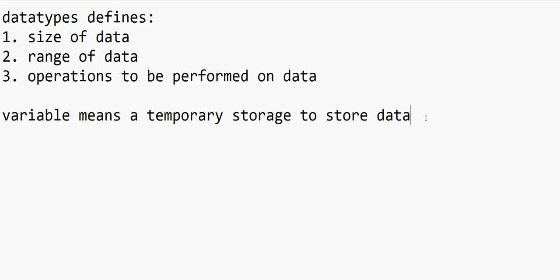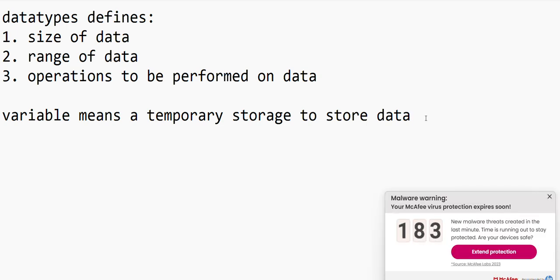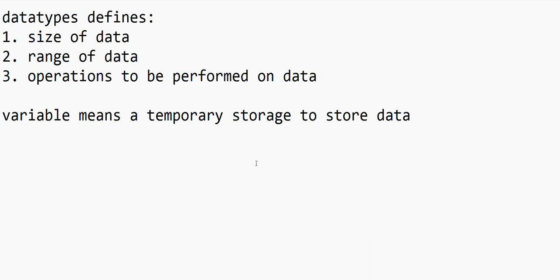So we need a bottle to carry this water, and the bottle is a variable where we can change the water and fill it with oil, or with butter, or with any other liquid, right? So this is actually what a variable means.